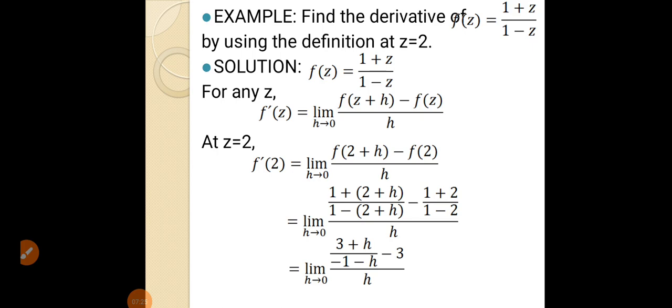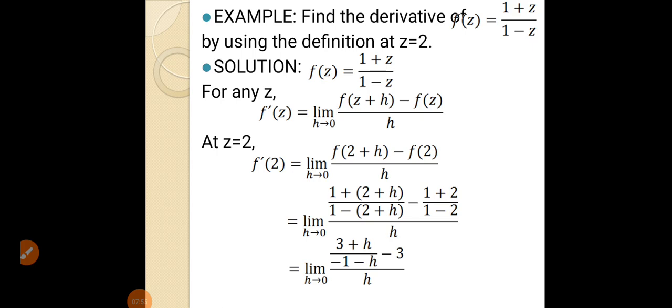We put z = 2, then we get f'(2) = limit as h tends to 0 of (f(2 + h) - f(2)) / h.